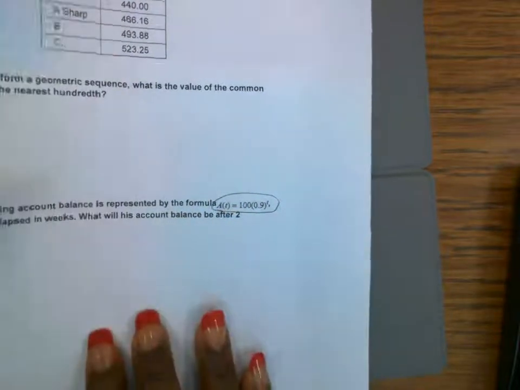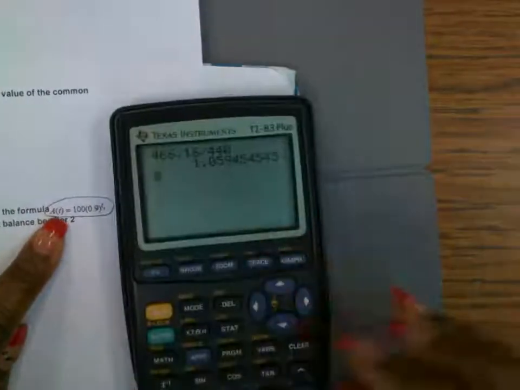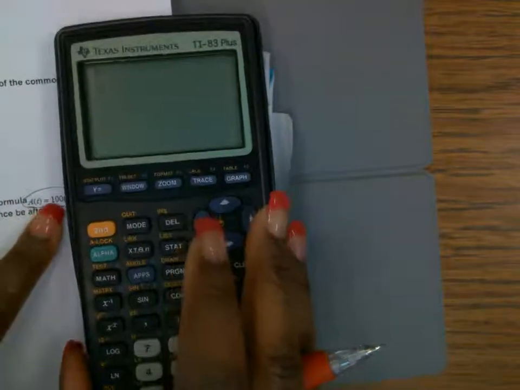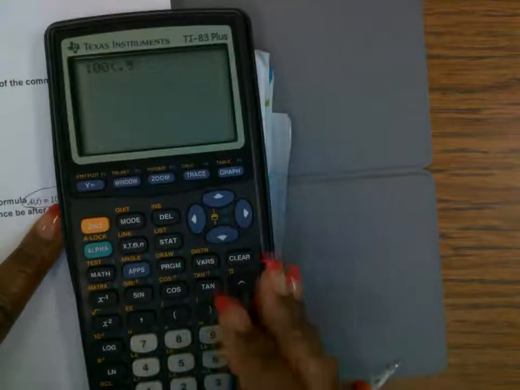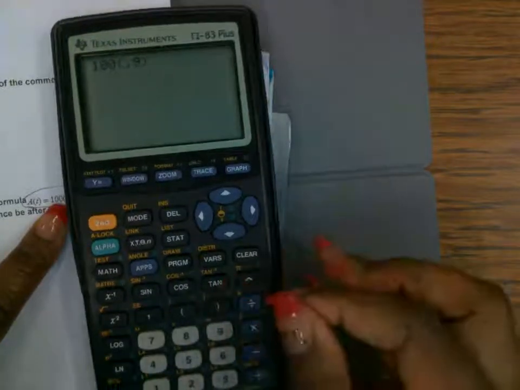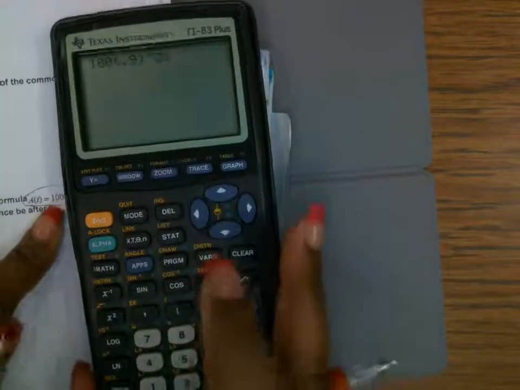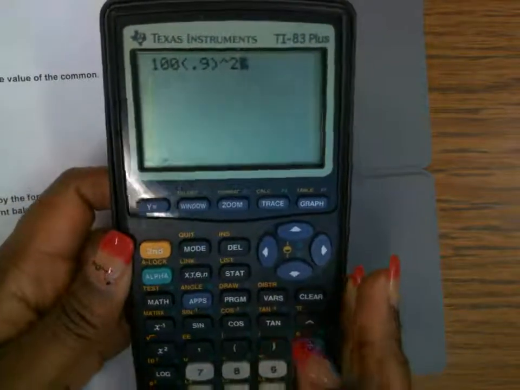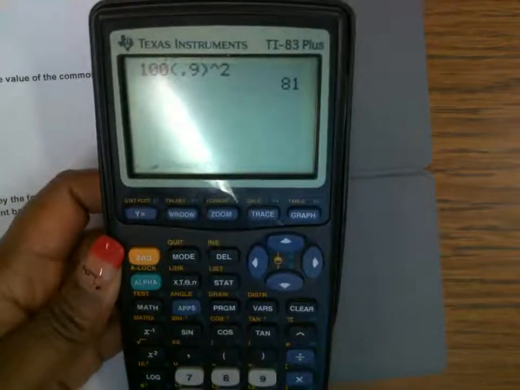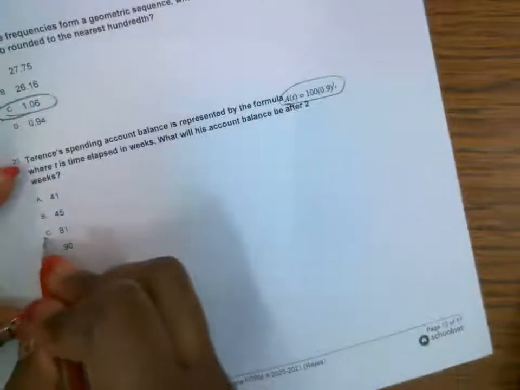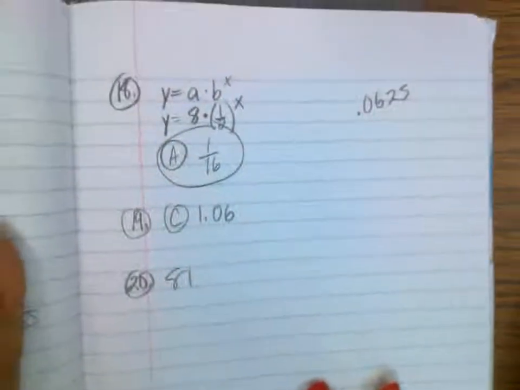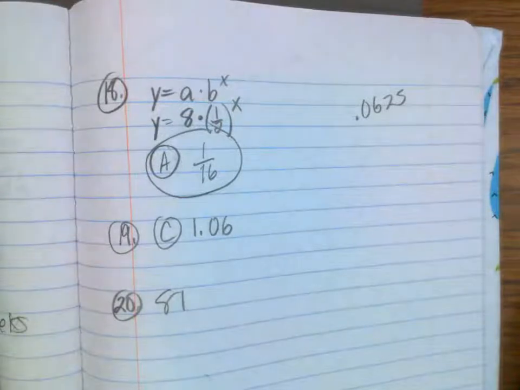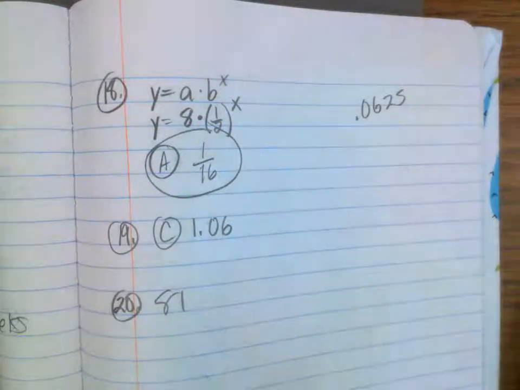We've got 100, parentheses, 0.9, close the parentheses, caret key, and we're going to raise it to the second power because it's 2 weeks. And press enter. So the answer is 81, C. So C is the answer, which is 81. Any questions about that?